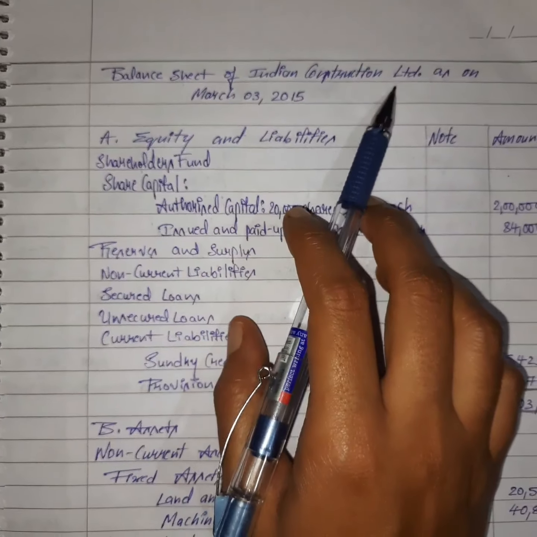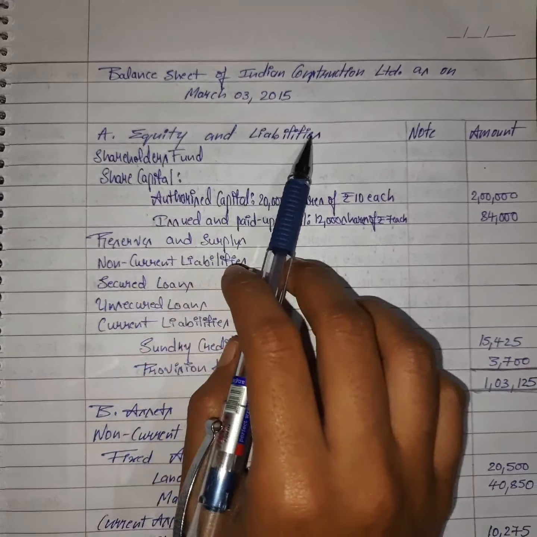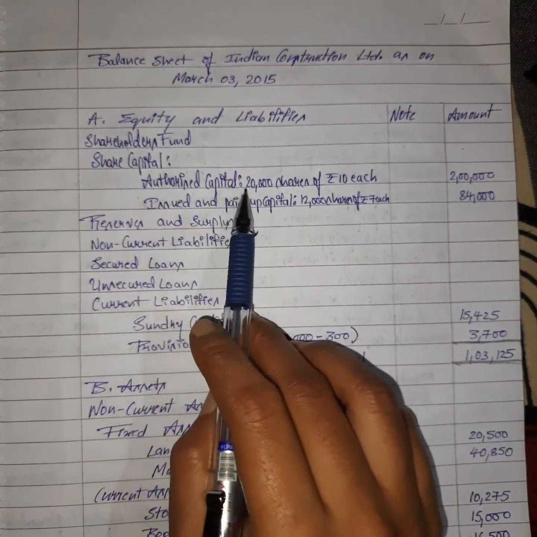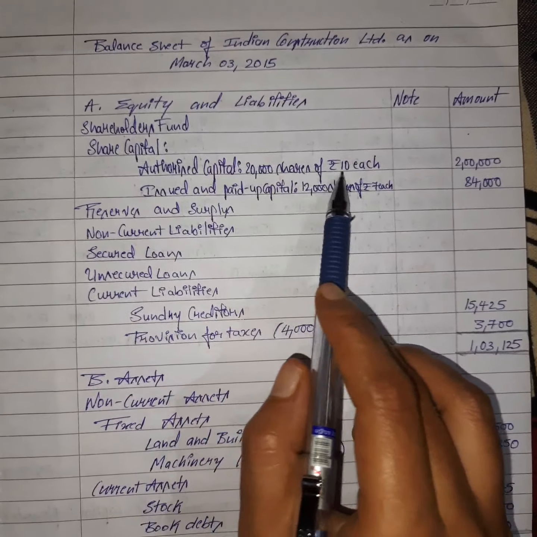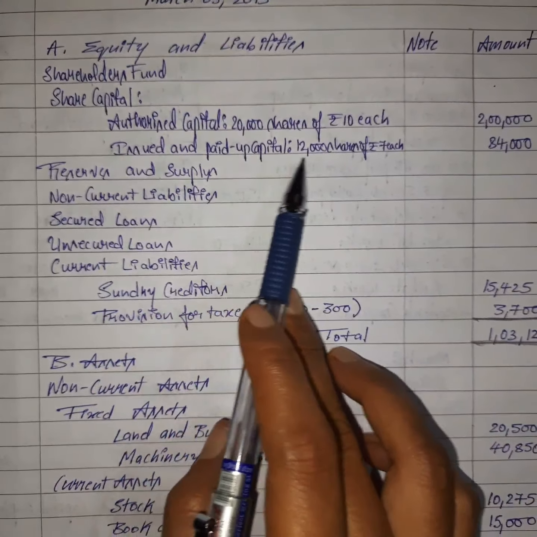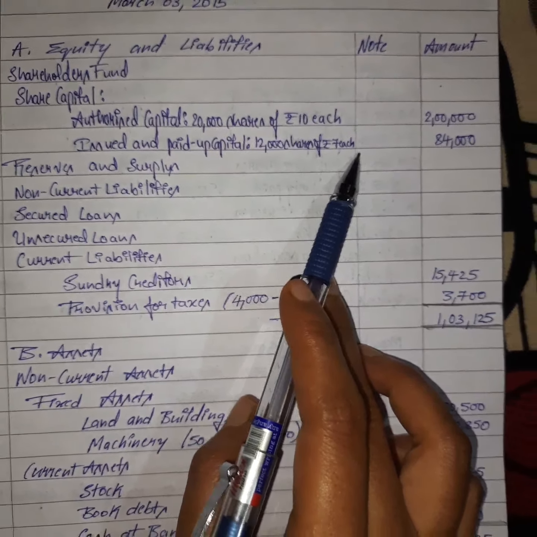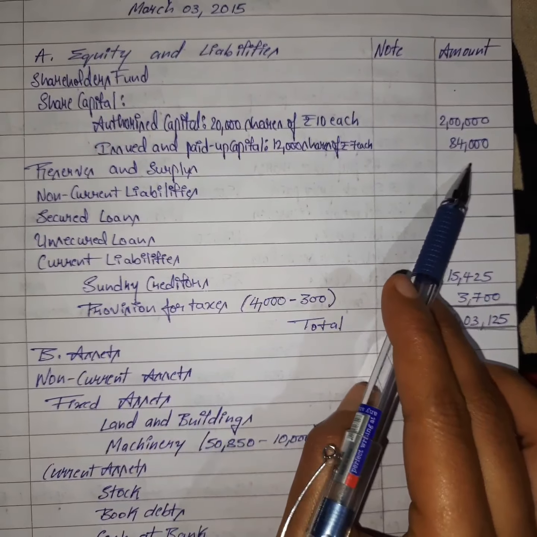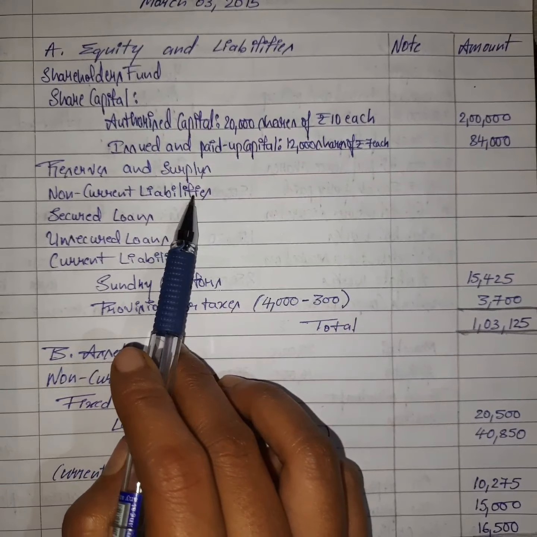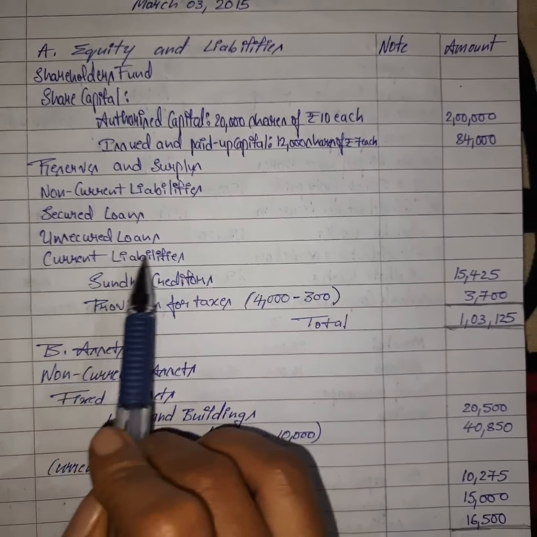Balance sheet of Indian Constructions Limited as on 31st March 2015. A. Equity and liabilities. Note, amount, 3 columns. Shareholders' fund, share capital, authorized capital 20,000 shares of rupees 10 each, 2 lakh. Coming to next, issued and paid up capital is 12,000 shares of rupees 7 each, so it will be 84,000. So coming to next, reserves and surplus, non-current liabilities, secured loans, unsecured loans, current liabilities.